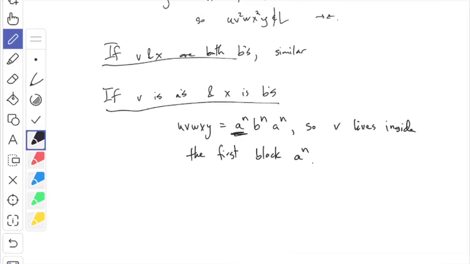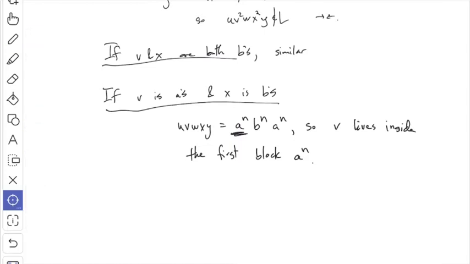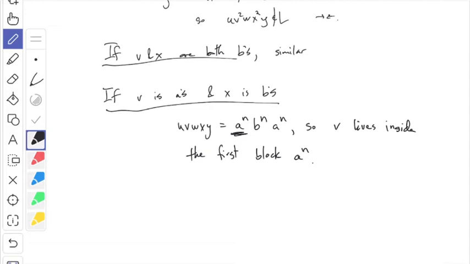So the V is part of the first block of A to the N. And now we can say the usual thing. If we increase the powers, then we will be increasing something in the first block of A's, but we will have no corresponding increase in the last block of A's because the increases will happen where the V is and where the X is.